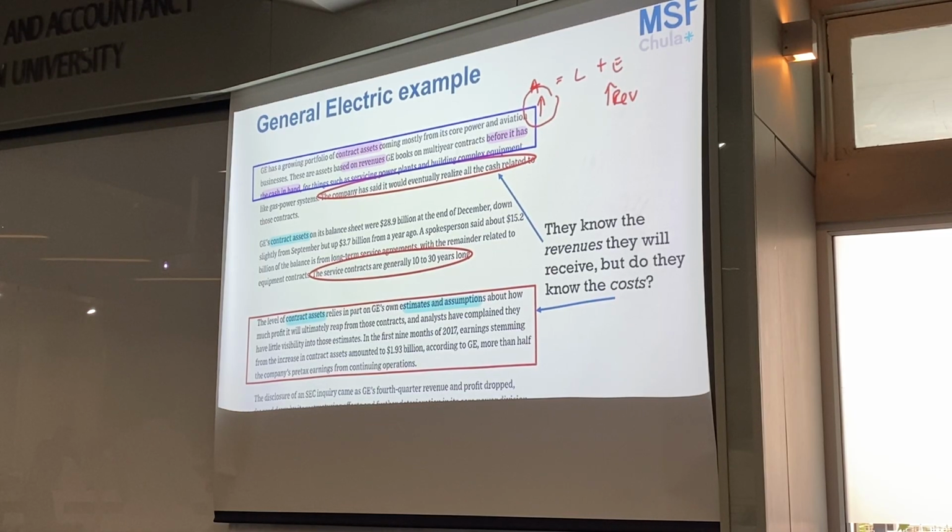The second way. Let's try. Great, yes. Look at the amount of contract asset. So you go to the balance sheet, another financial statement. Try to calculate the growth of assets from the prior year, right?